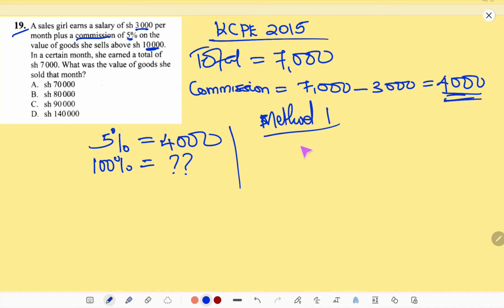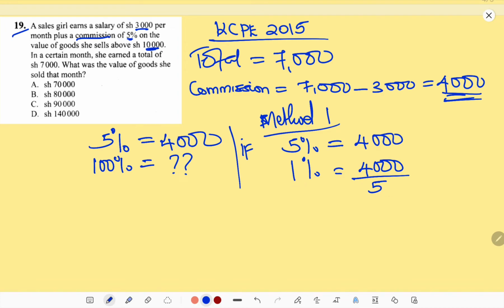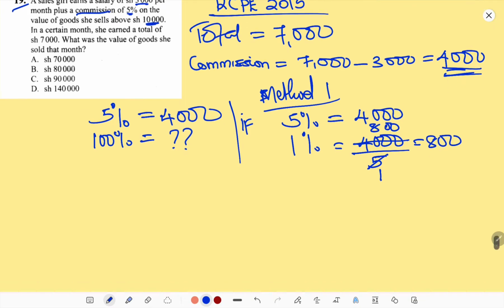Method one, you say that if 5% is equal to 4,000, what about 1%? 1% will definitely be 4,000 divided by 5 because we want to get just 1%. 40 divided by 5 will be 8, and then you have 2 zeros, so it will be 800.